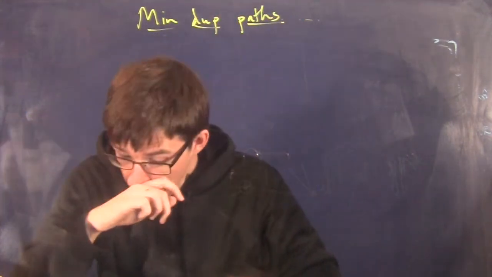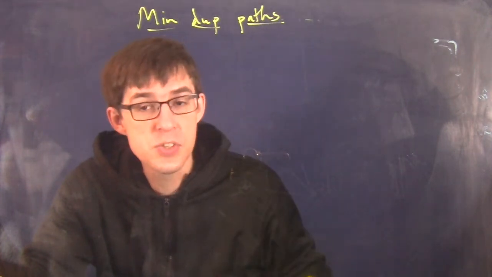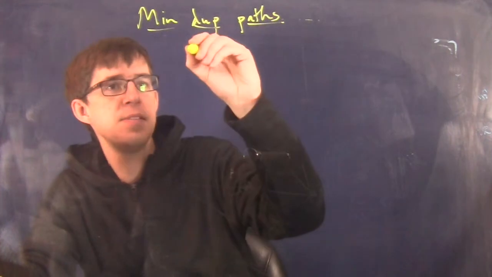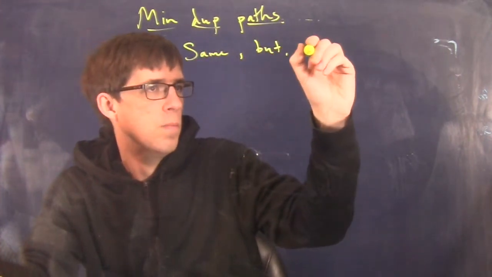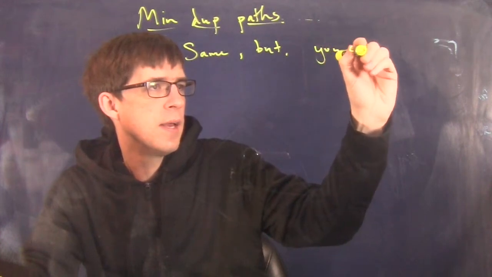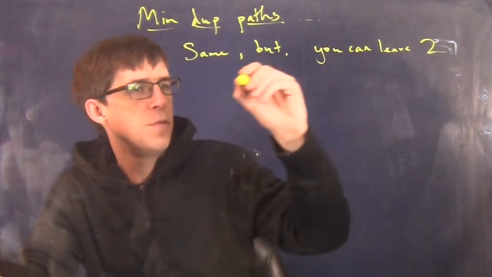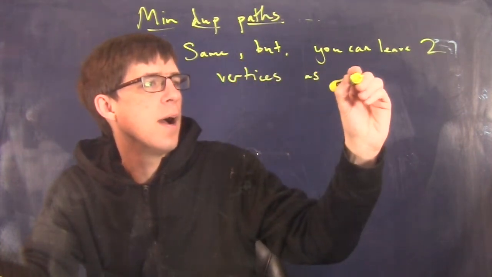What's the difference between minimum duplication circuits versus paths? Well, a path just means it does not start and end at the same point. When you're finding minimum duplication paths, you do the same thing, but you can leave 2 vertices as odd.